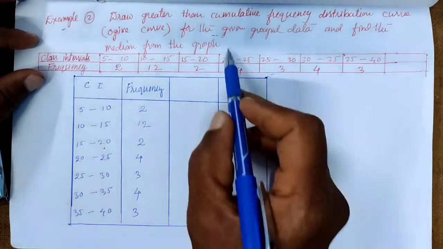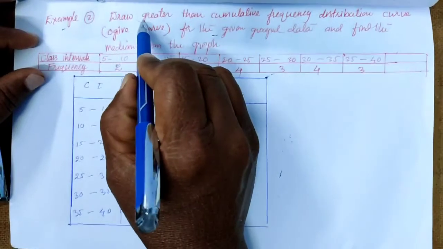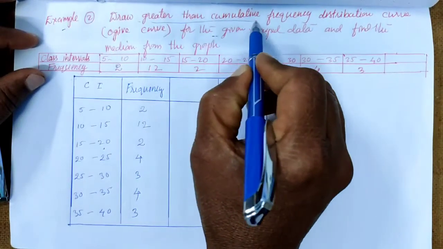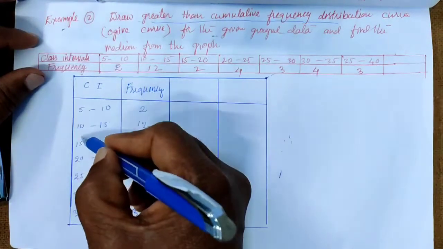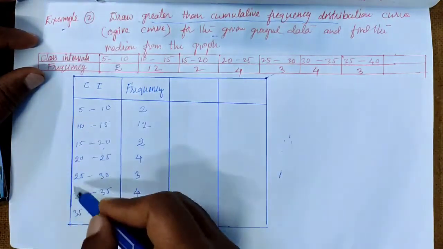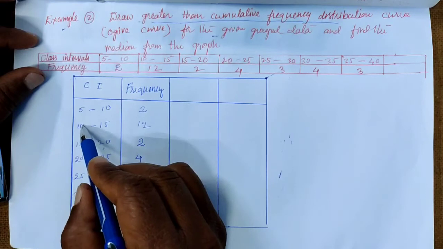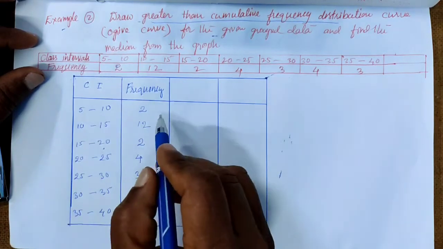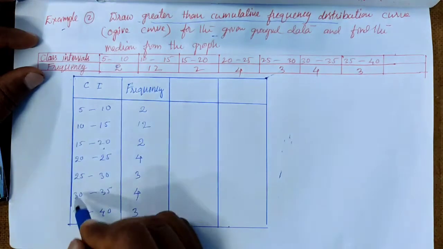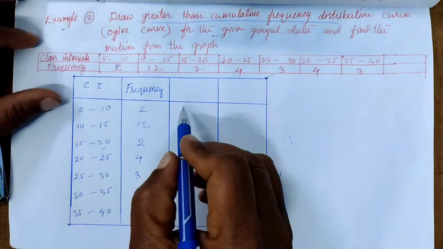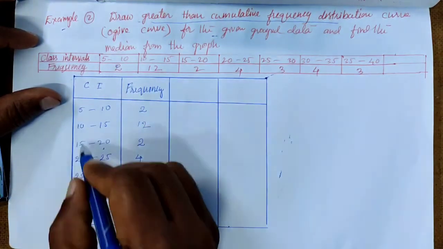To draw the greater than cumulative frequency distribution, we have to take the lower limits, the lower boundaries.